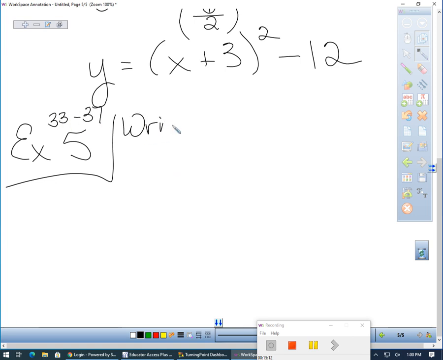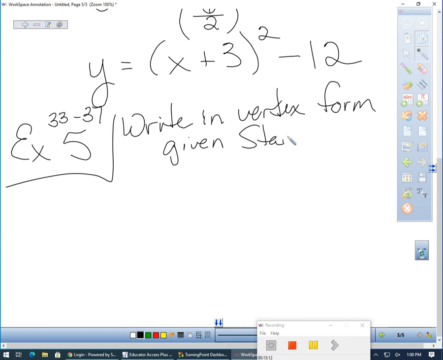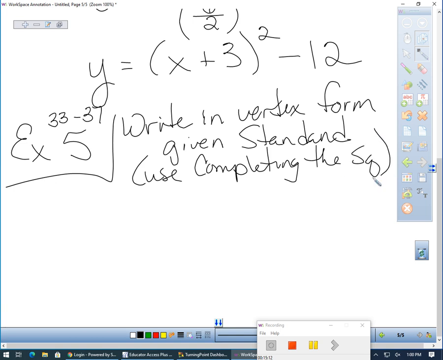Write in vertex form, given standard, use completing the square. I just want to expose you to this. Chances are you're probably going to do it the other way. That's why I'm not asking you to do a ton of these, but it is important for you to know.